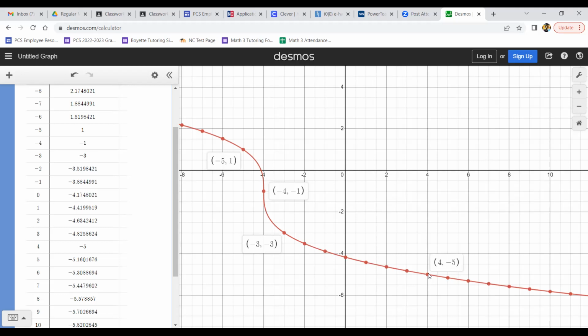So I'm going to graph -5, +1, -4, -1, -3, -3, and then +4, -5. Okay.